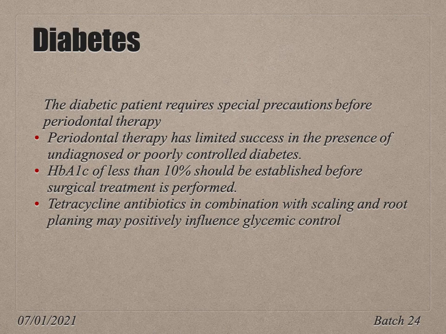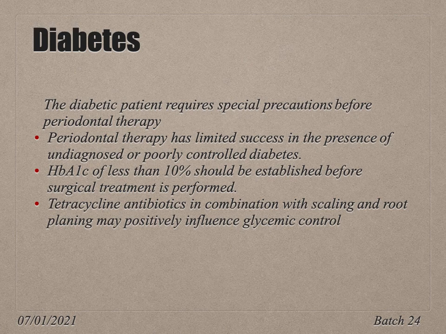So periodontal therapy has limited success in patients with undiagnosed or poorly controlled diabetes mellitus. An HbA1c level of less than 10% should be present before any surgical therapy is performed for patients with diabetes. A tetracycline antibiotic in combination with oral prophylaxis has been shown to improve the levels of glycemic control in patients with diabetes.